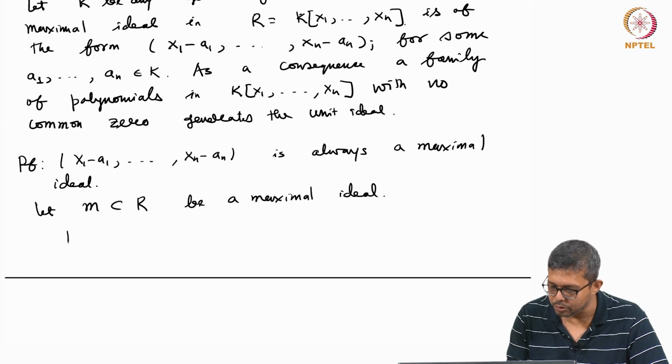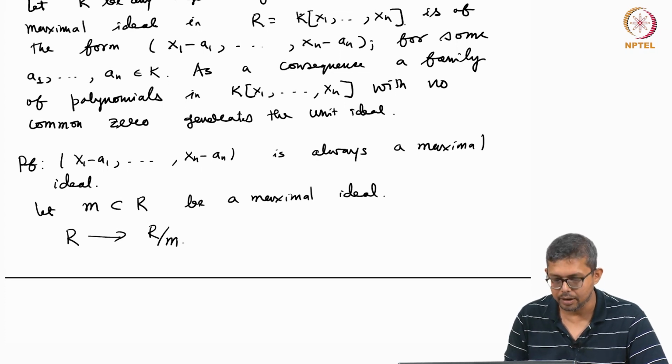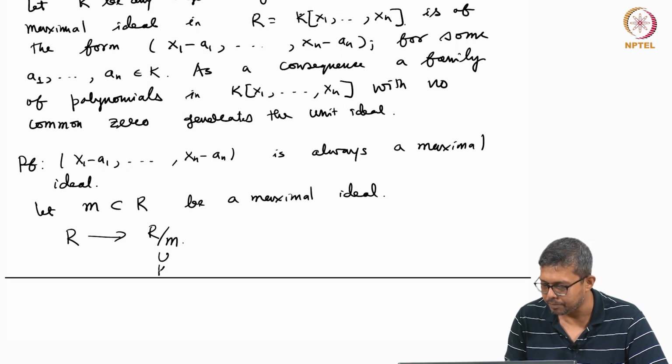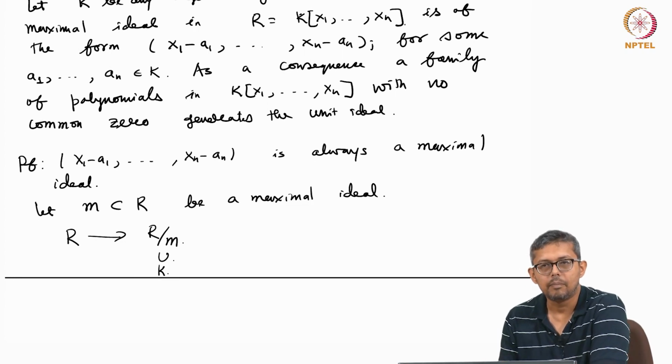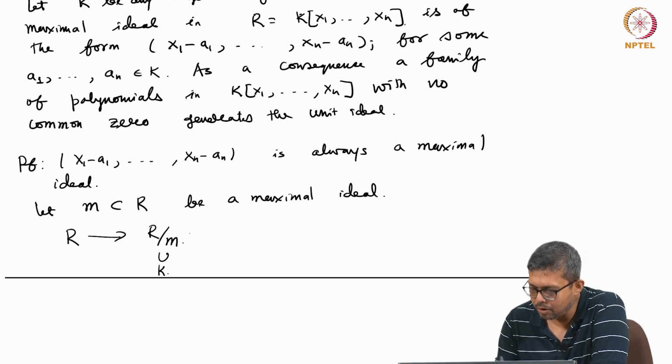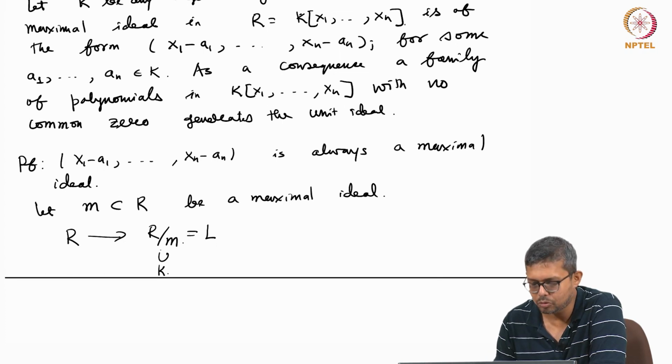So, what do you do? You take the ring R, which is the polynomial ring in n variables, and take R to R mod M, right. Now, this will contain the field K. If I call R mod M as L, R is a finitely generated K algebra, so the quotient is also a finitely generated K algebra.